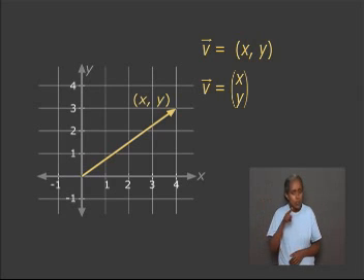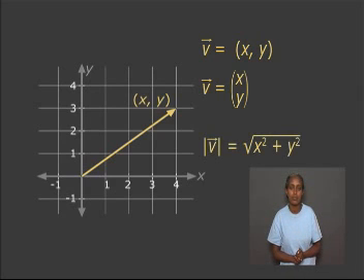Do you remember how the magnitude of a vector is expressed, students? That is correct. The magnitude of a vector is expressed by its length. If we want to determine the magnitude of vector v with coordinates x, y, we calculate it by finding the square root of the sum of the squares of the coordinates.